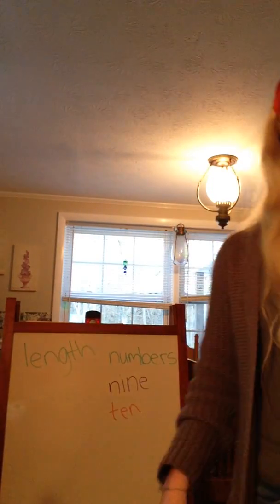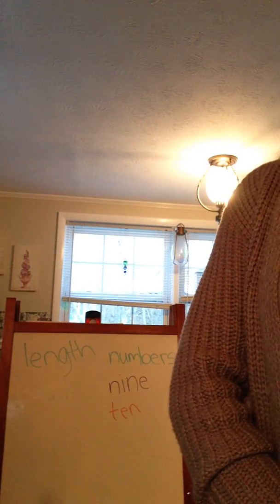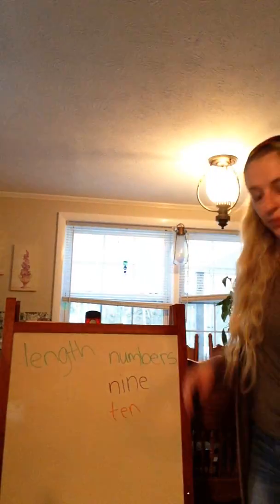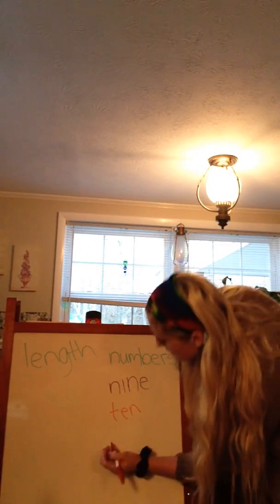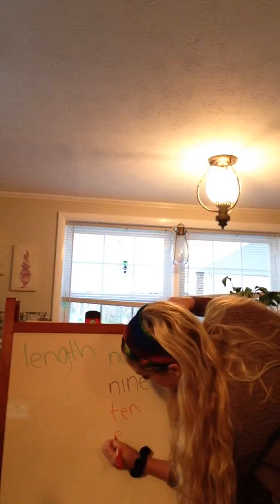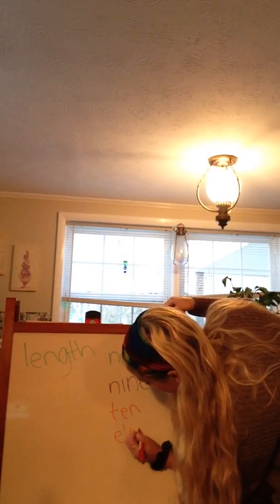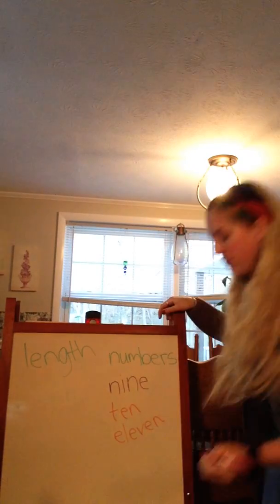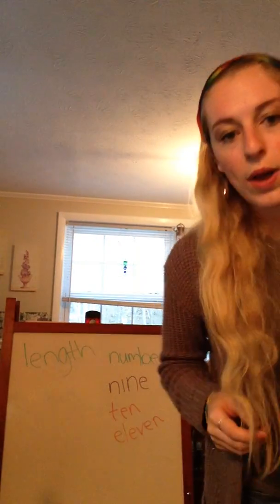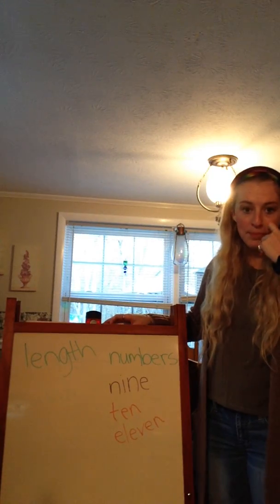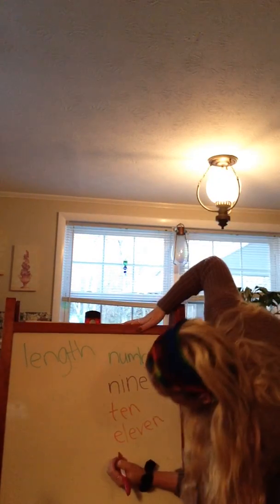Let's go back down underneath to the second row. What about 11? Is 11 a number word? It sure is. Then the next one is 12. Is 12 a number word or does it describe length? Yeah, a number word.